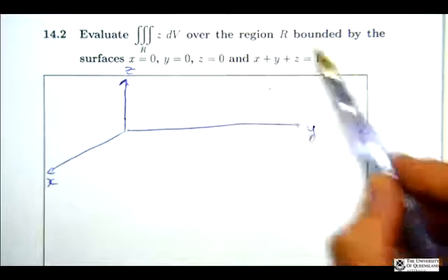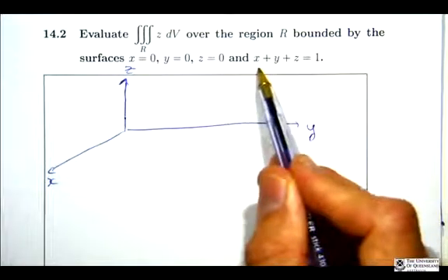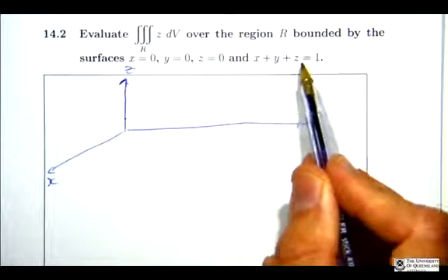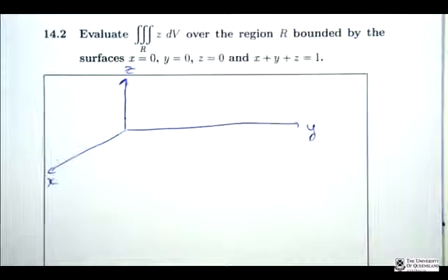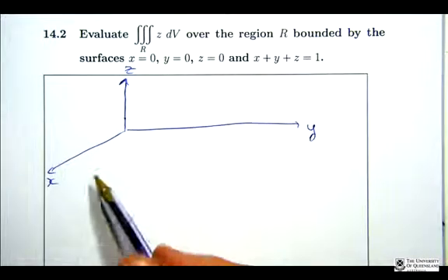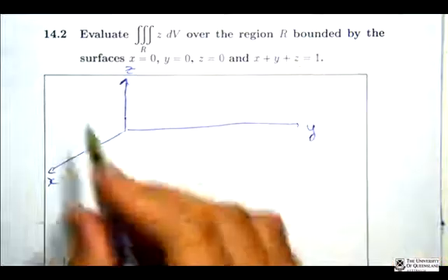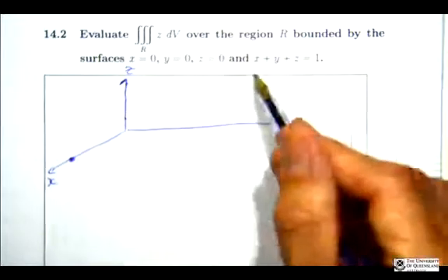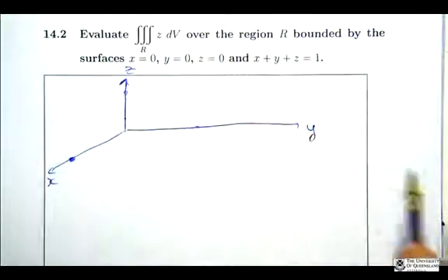But this 4th plane, x plus y plus z equals 1, if I set 2 of the variables equal to 0, I can see where it's going to intersect the coordinate axes. For instance, when y and z are both 0, x is 1. When x and z are both 0, y is 1, and so on.